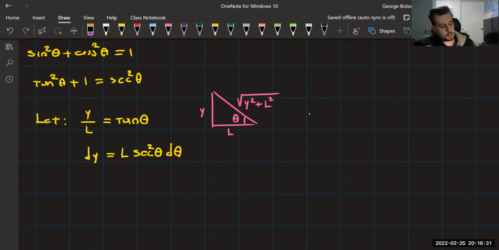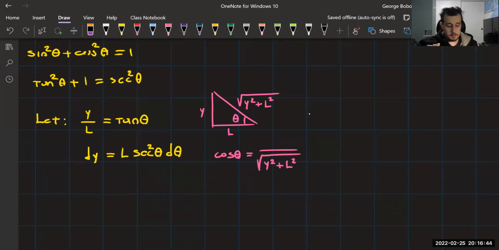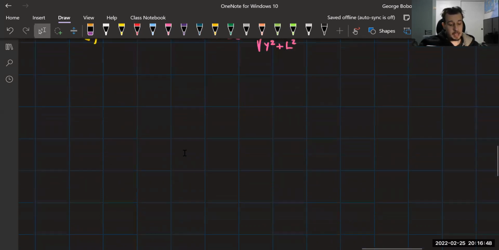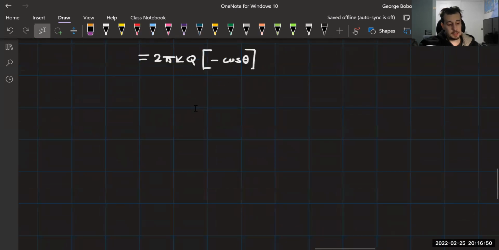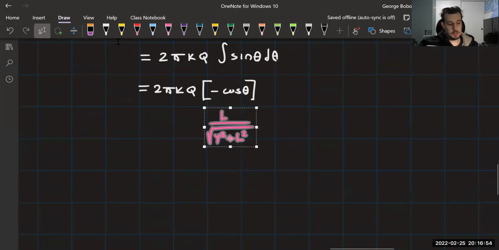So if someone asks you for cosine, you will tell them adjacent over hypotenuse. Remember, this is how we do trig subs. Now we can return to the normal bounds and evaluate them. That's the whole deal.